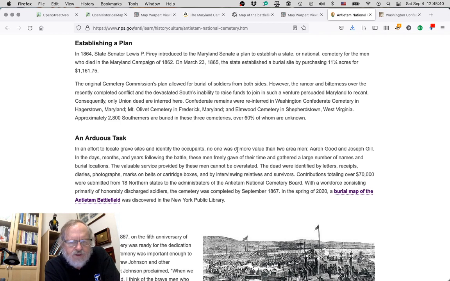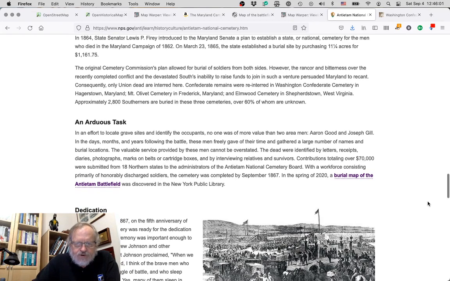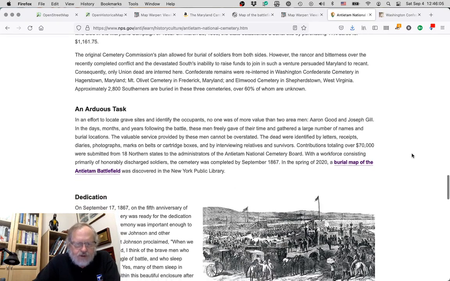Okay, and the other thing is that the Antietam National Cemetery is a little bit unique because it was originally established by the state of Maryland, and there was a certain amount of fighting over whether or not the Confederates should be buried there.